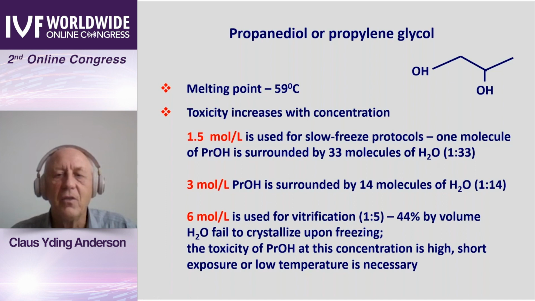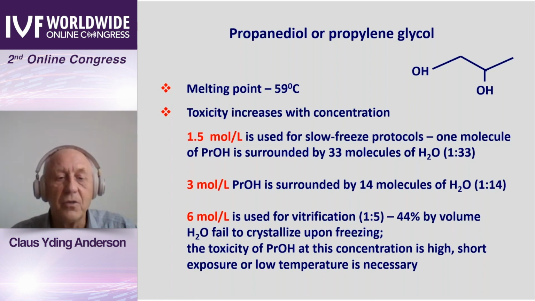So obviously, the propanediol is not able to prevent ice crystal formation at that concentration. If we increase the concentration to 3 molar, then you have 14 molecules of water around each propanediol. If you increase it to 6 molar, then you have 1 in 5, and 44% of the volume is made up by propylene glycol.